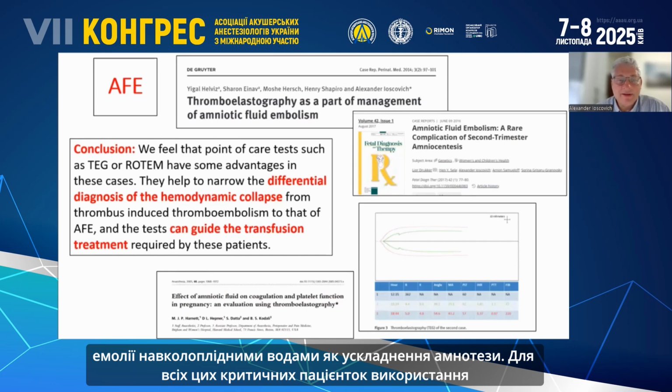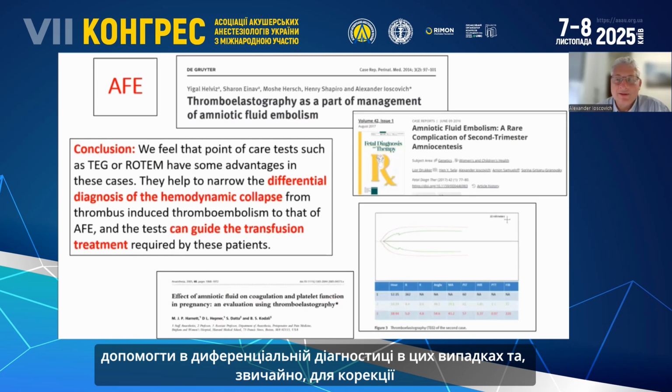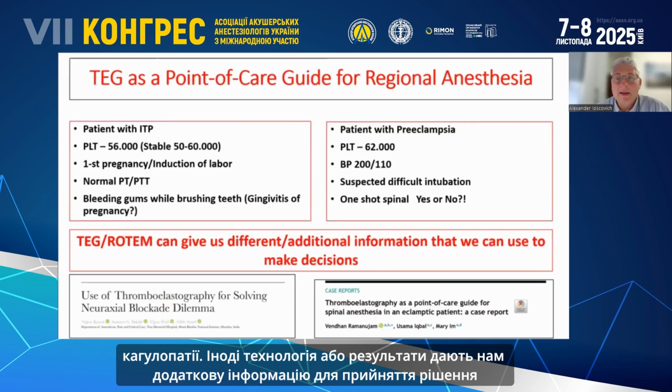For all these critical patients, the use of TEG-guided treatment was started in the operating room and continued in the ICU. TEG and ROTEM can help for differential diagnosis in these cases and, of course, for correction of coagulopathy.